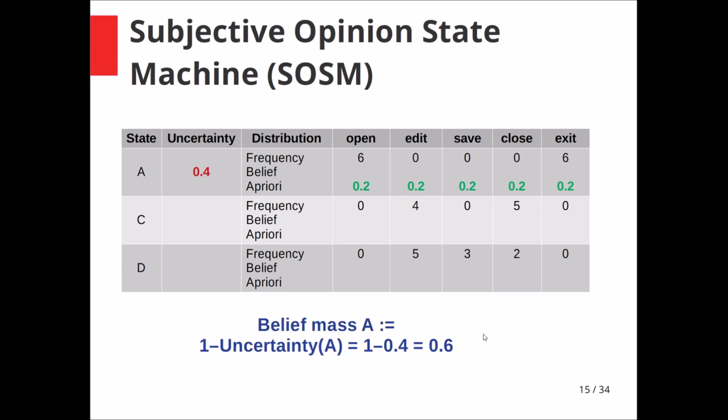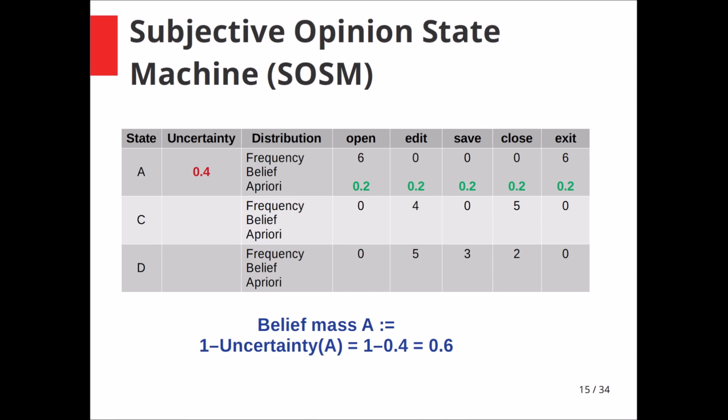Now we can compute the belief mass for the state A, which is 1 minus the uncertainty of state A, which equals 0.6. We can distribute the belief mass to the individual events by considering the frequency.